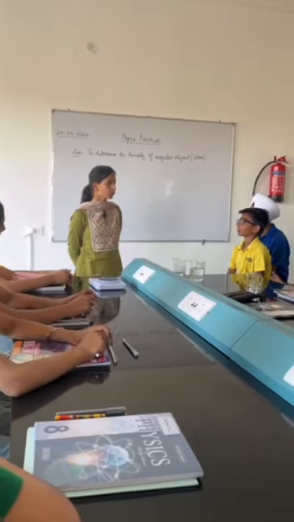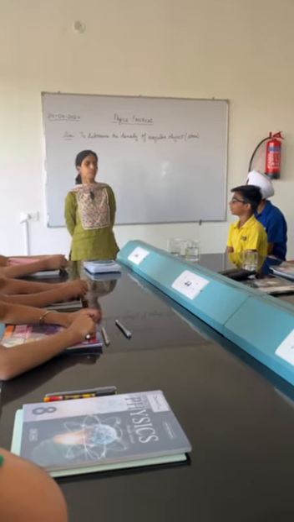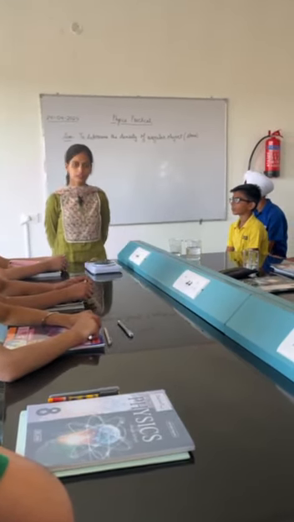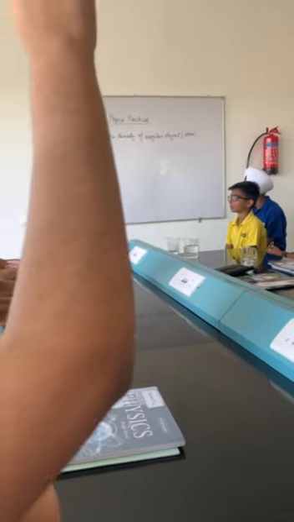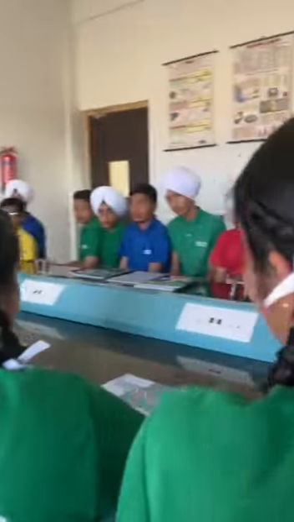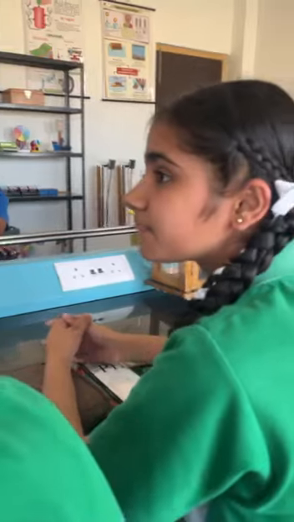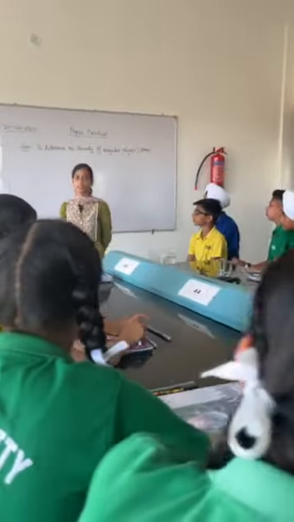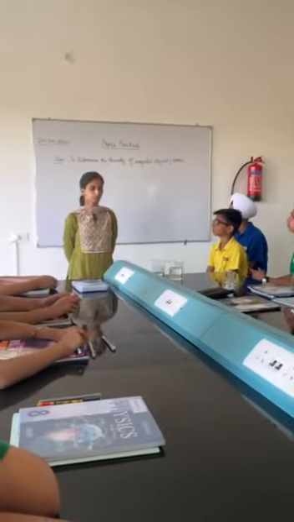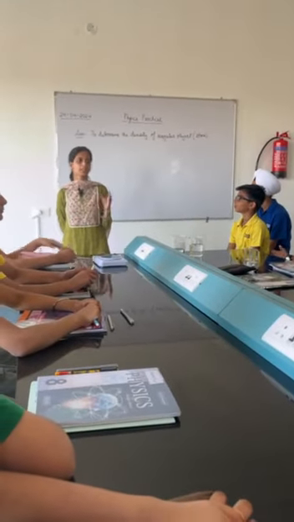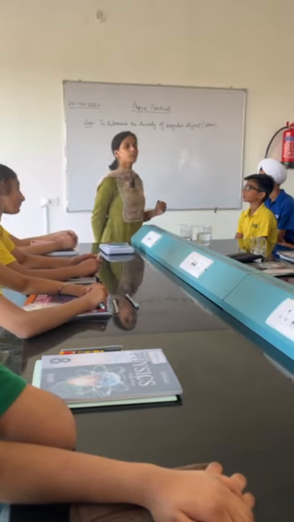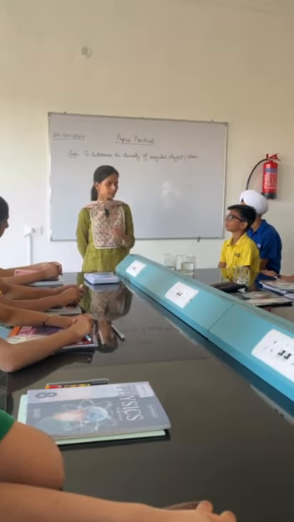And how will you find the volume of a cuboid? Volume of cuboid is length multiplied by breadth multiplied by height.